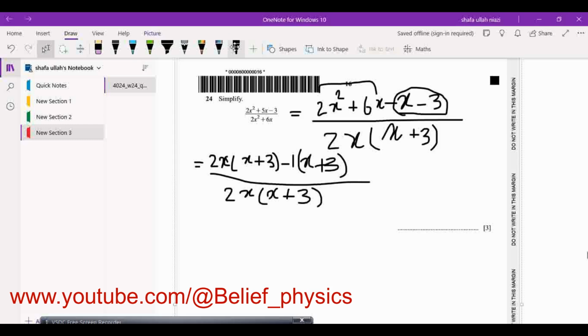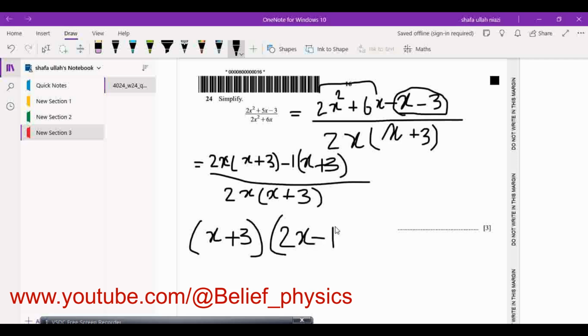So this will be x plus 3 plus 3 multiplied by 2x minus 1, and then this is the denominator, we have 2x into x plus 3.